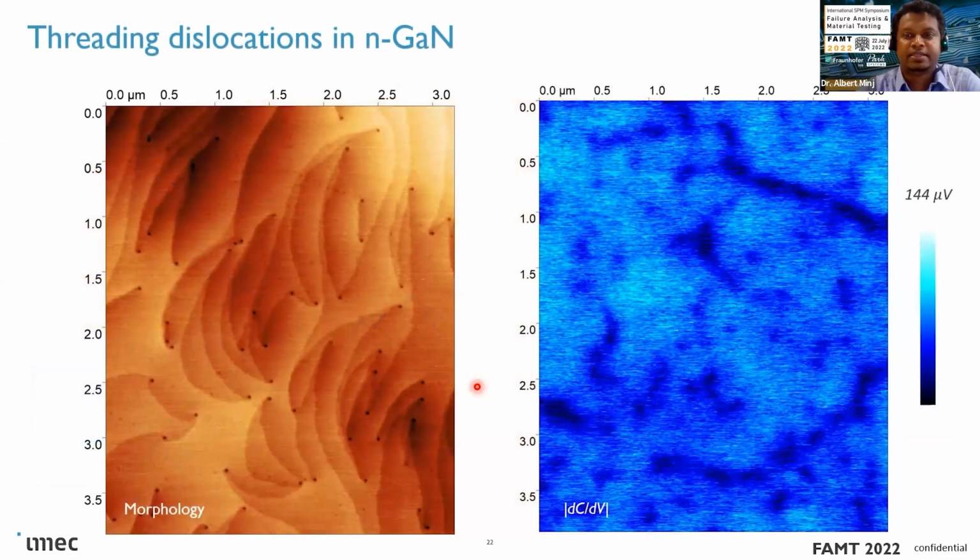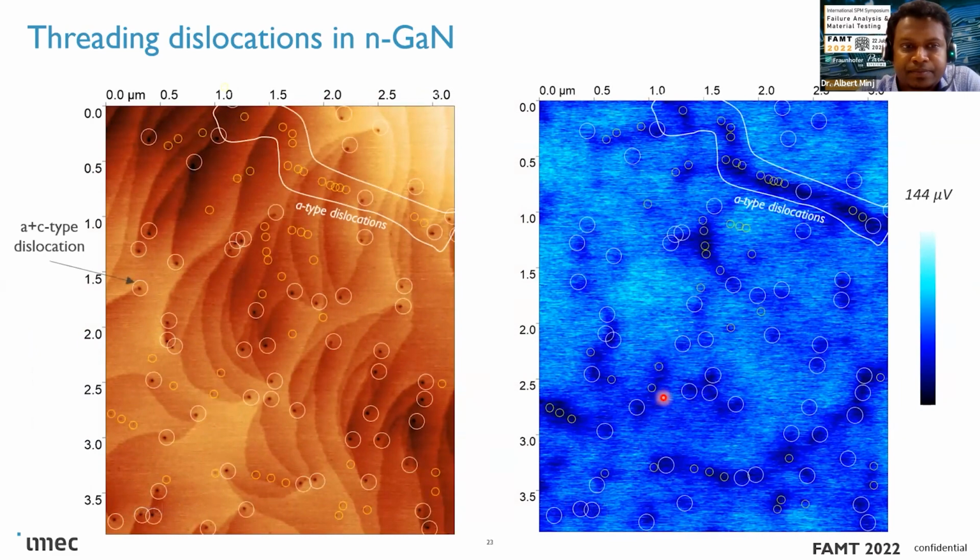This is the corresponding DCDV map of this morphology. As you can see, all the dislocations, A-type and A plus C-type, are associated with a drop in DCDV. What is worth mentioning is that on the pure A-type dislocations, the drop in DCDV is much wider.